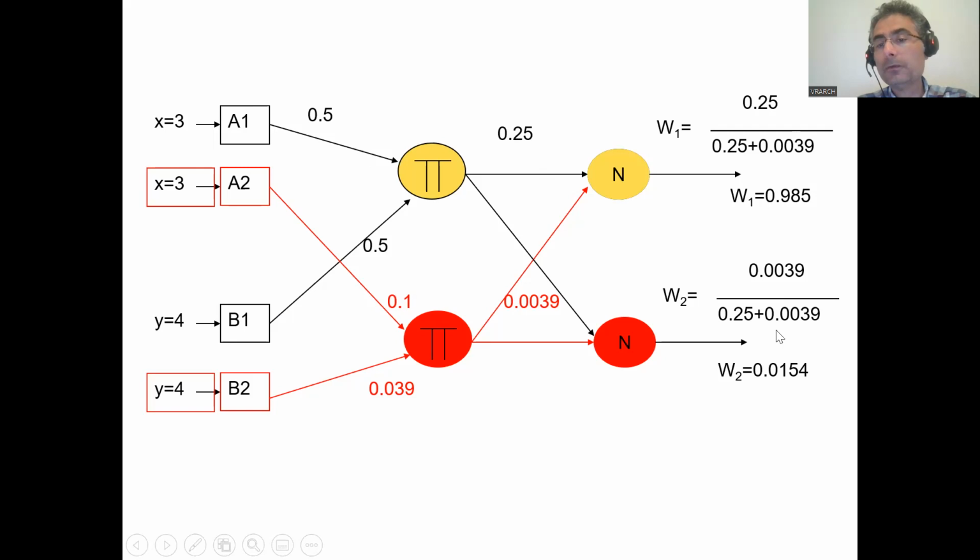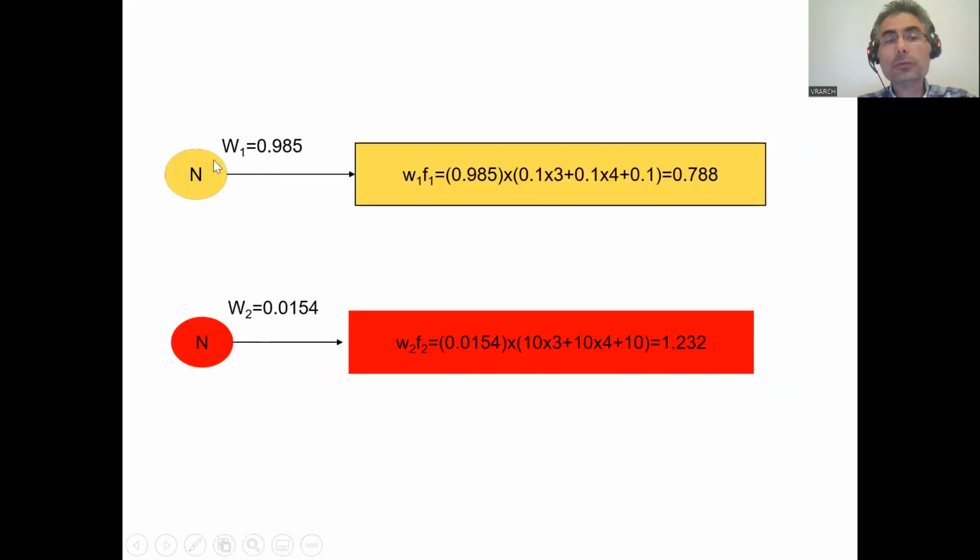The reason is that the weight is going to be different. The weight is going to be used to fire the output, the equation here. So it means that the first rule is going to have a higher degree of influence, whereas the second one is going to have less influence in the decision making.